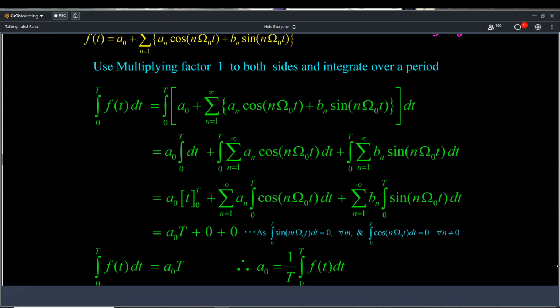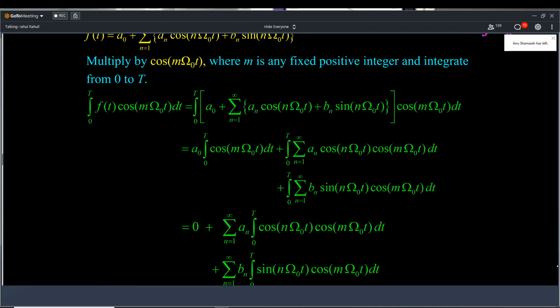So similarly, you find the value of an. How do you find the value of an? Here we generally use the multiplying factor cosine of m omega 0 t.